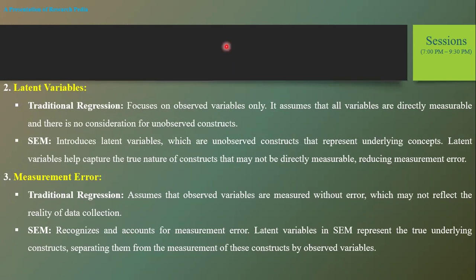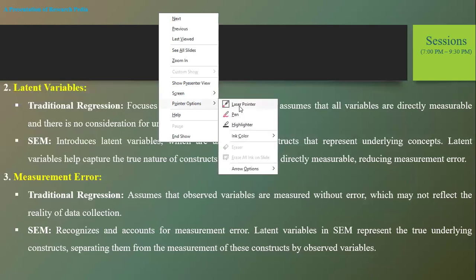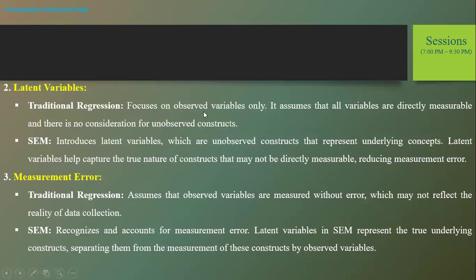All right. Well, the next thing is basically the inclusion of latent variables. When we are considering traditional regression, our focus may be on observed variables. Basically, an observed variable is a variable which is directly observed by its, you can say, measurements.